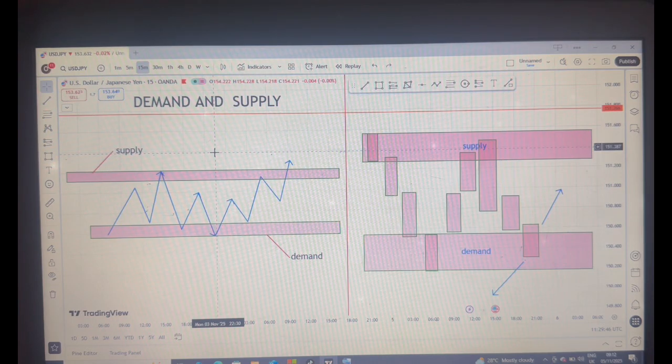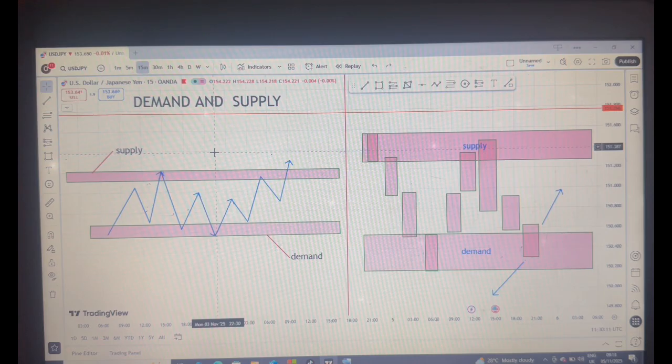It must have an FVG, which is what they call fair value gap, showing imbalance. It must have an FVG. So any demand or supply zone you are seeing that does not lead to a break of structure or does not have an FVG, count it as not a demand or supply zone.